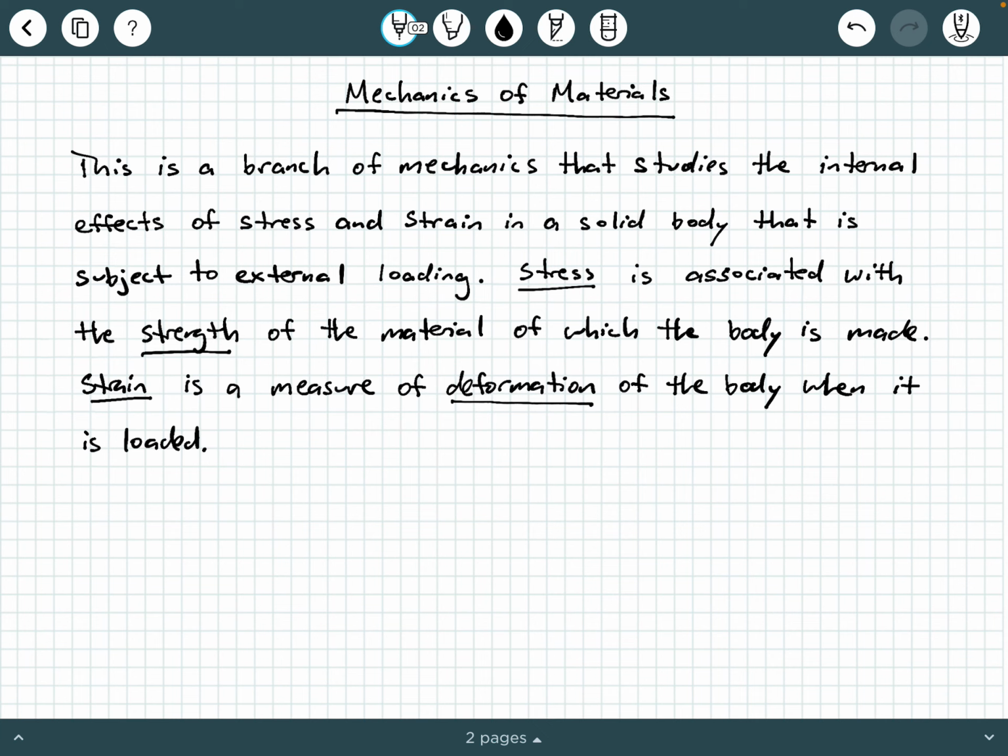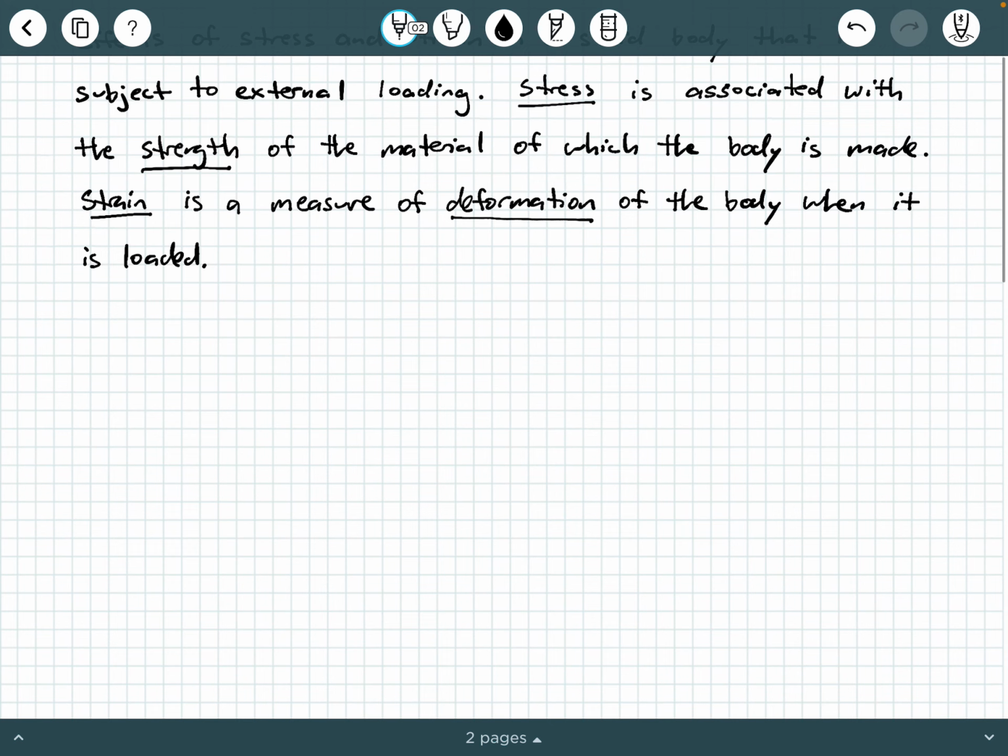So when we talk about bodies being loaded, what do we mean by that? Well, you may remember the idea of this from a course in statics.